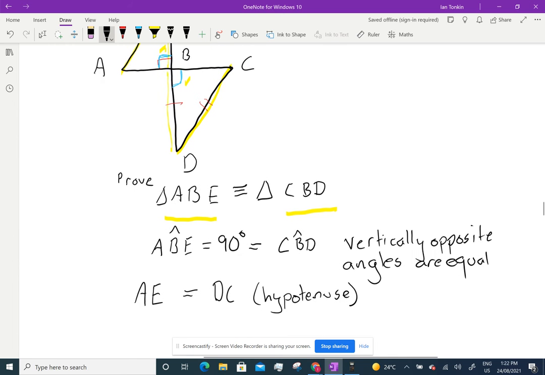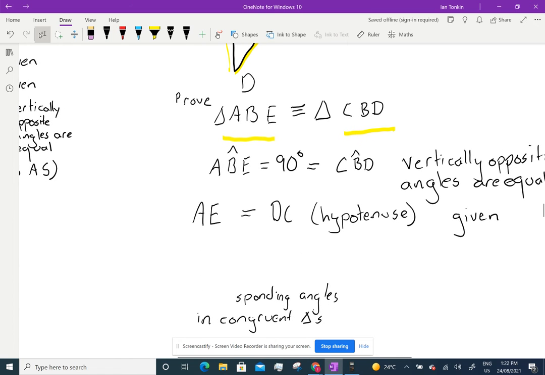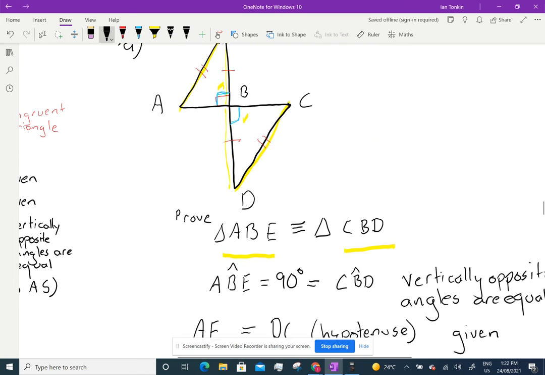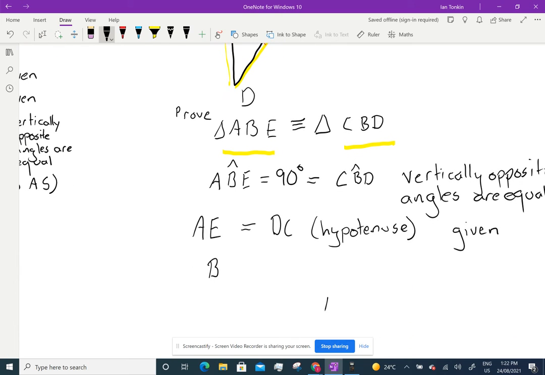And how do we know? Well, it was given. We were told. They put the symbols on. Finally, I know that BE equals BD. And that was given.